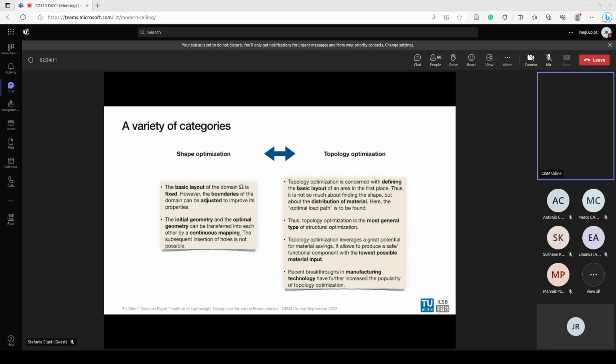Usually, it is used to find the lowest amount of material input that we can use in order to still have a functioning structure. And it became even more popular than before because of recent breakthroughs in manufacturing technology, in particular in terms of additive manufacturing, where one can then actually manufacture those very, let's say, innovative shapes that come out of topology optimization.